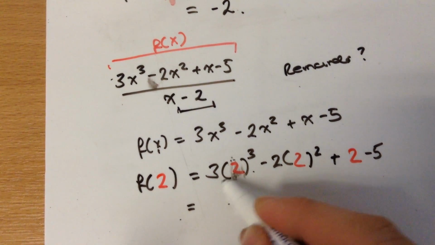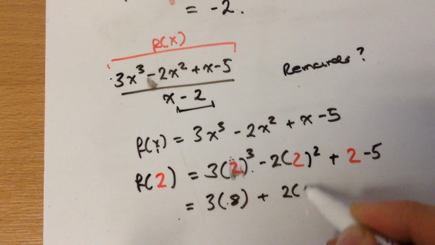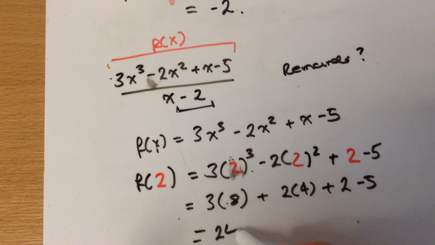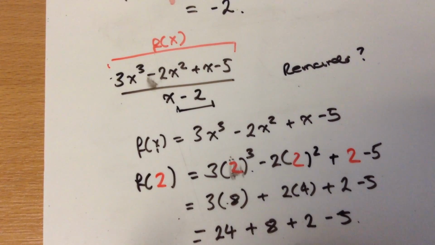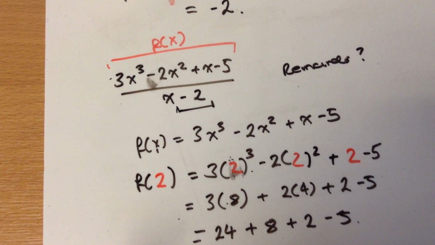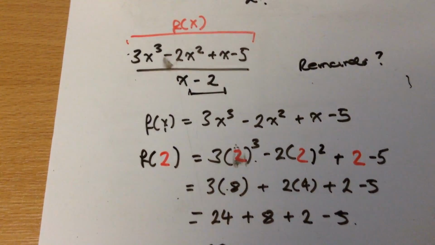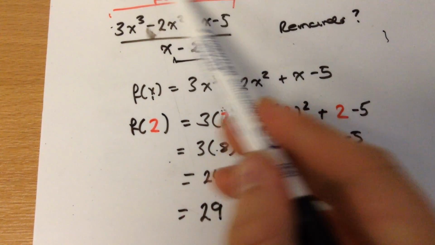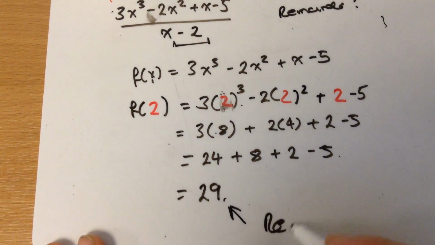So the first one becomes 3 times 8 plus 2 times 4 plus 2 minus 5. 24 plus 8 plus 2 minus 5. 24, 32, 34, 29. So the remainder of this division here gives me 29. So the remainder of this division is 29. This is my remainder.